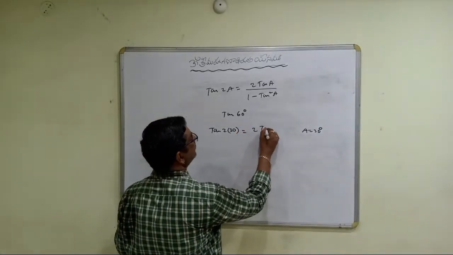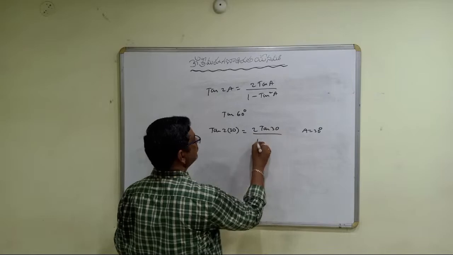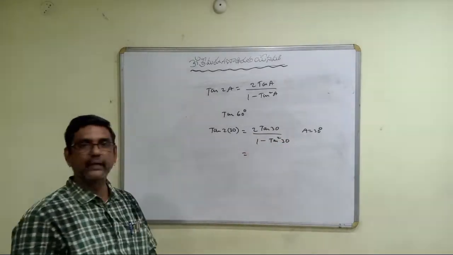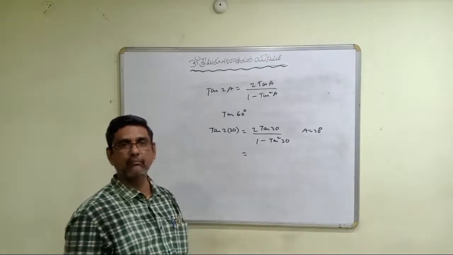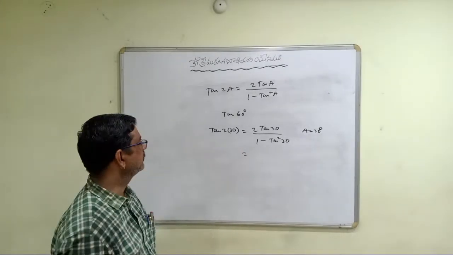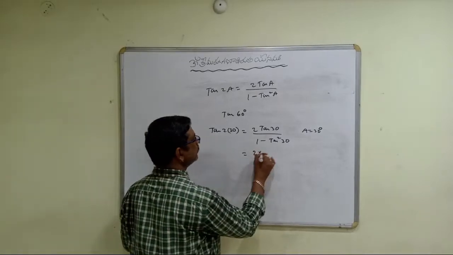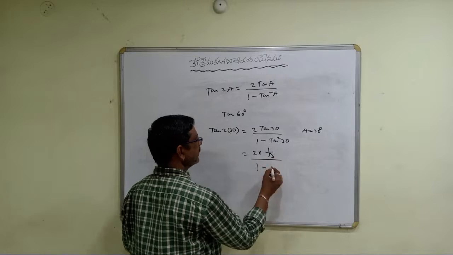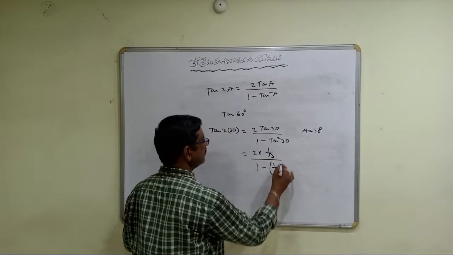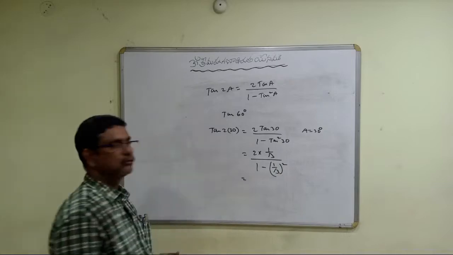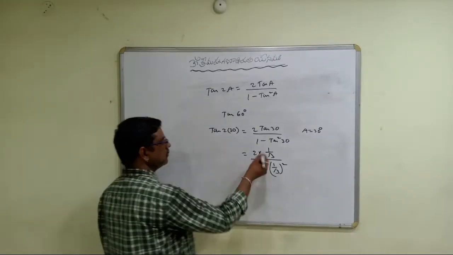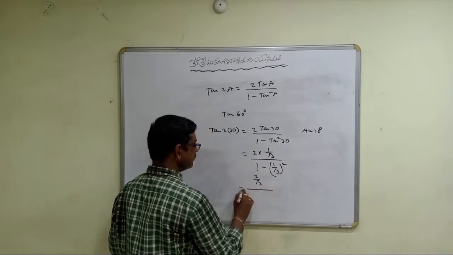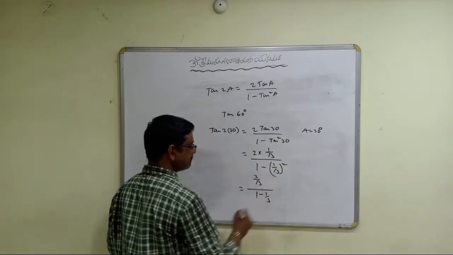2 tan 30 by 1 minus tan square 30. Now simplify. 2 into tan 30, we know, is 1 by root 3, by 1 minus 1 by root 3 whole square. Now simplification: 2 by root 3 by 1 minus 1 by 3.